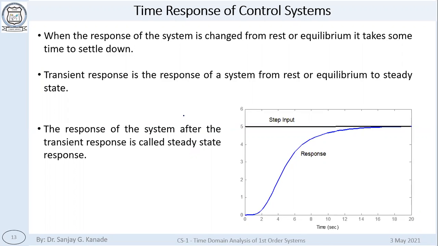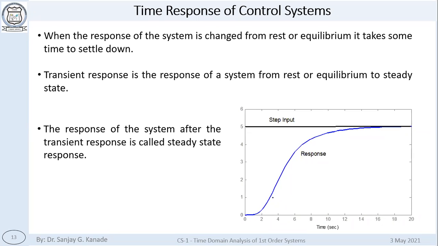Its response changes from equilibrium and tries to attain the next level of equilibrium. It may be higher or lower than the old one, depending on the nature of the system, but the system always tries to maintain equilibrium.